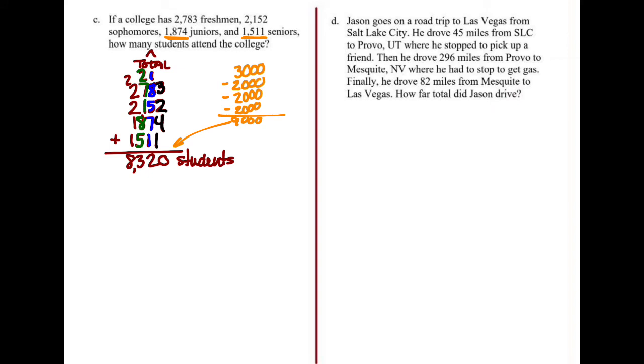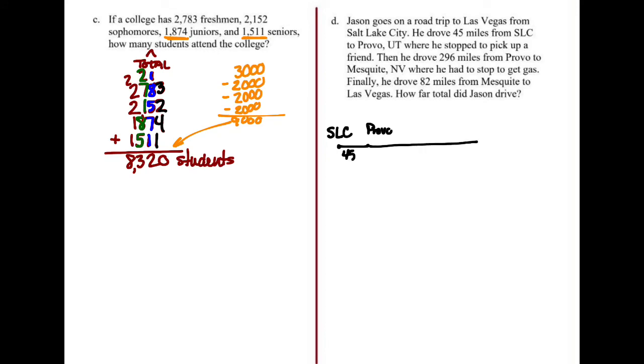Sometimes it's nice to draw a picture. Okay, and I know we're not going to go in a straight line to Las Vegas, but we're going to start from Salt Lake City. So we go from Salt Lake City, and he went to Provo. Okay, so here's Provo. And that was 45 miles. Then he went from Provo to Mesquite, which is quite a bit bigger, right?